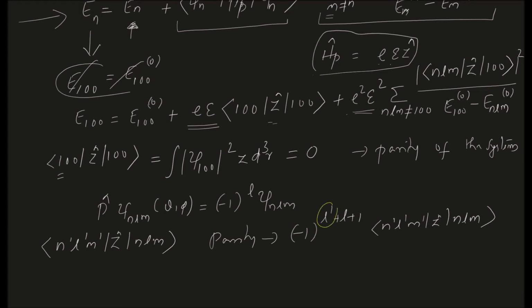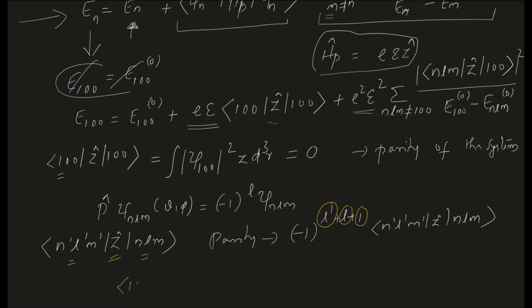So this is the parity coming from this l', this is the parity coming from this l, and this is the parity of this z operator, or the position. Okay, so this is an odd parity, right?